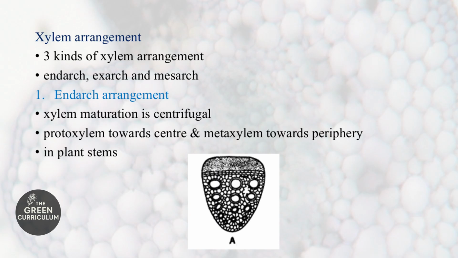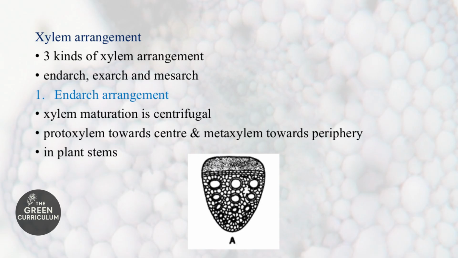And based on the arrangement of metaxylem and protoxylem, xylem arrangement is of three types: endarch, exarch, and mesarch. In endarch arrangement, the xylem maturation is centrifugal, which means the maturation starts in the center and moves away from the center.